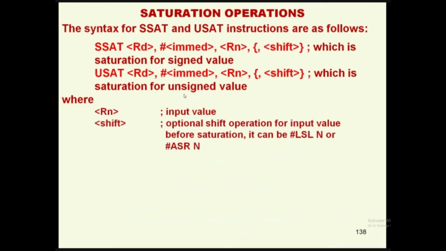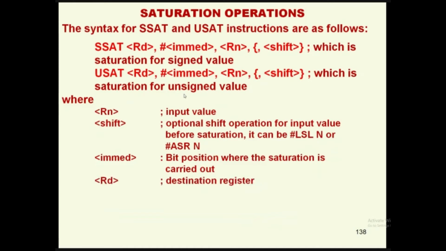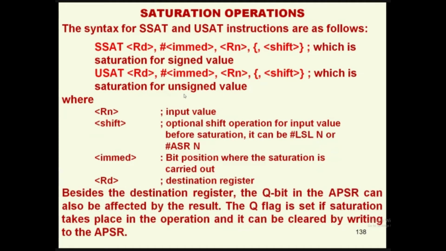Shift is an optional shift operation for the input value before saturation. It can be logical shift left or arithmetic shift right. And the immediate is the bit position where the saturation is carried out, and RD is the destination register.